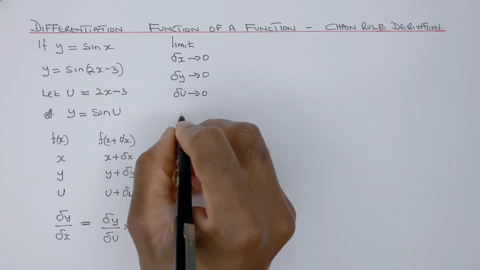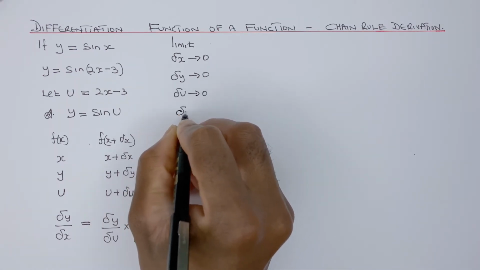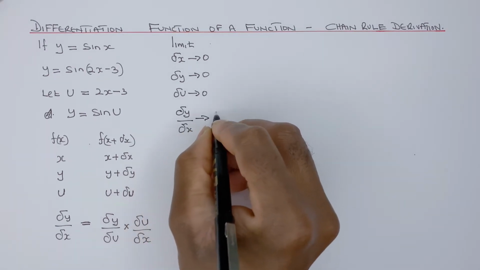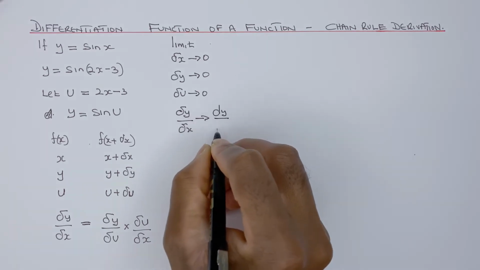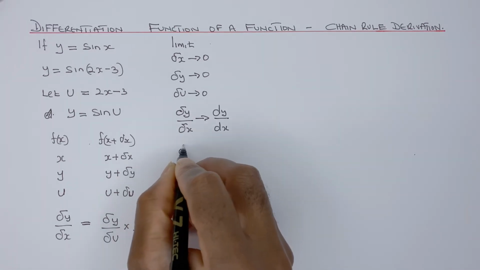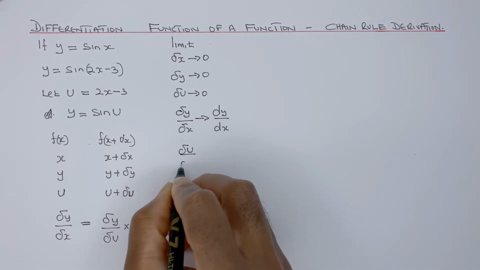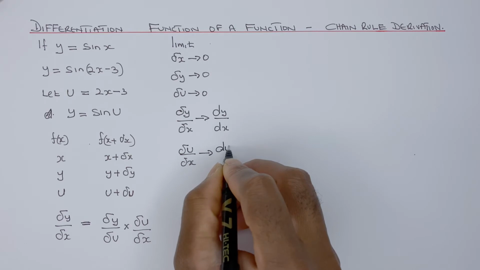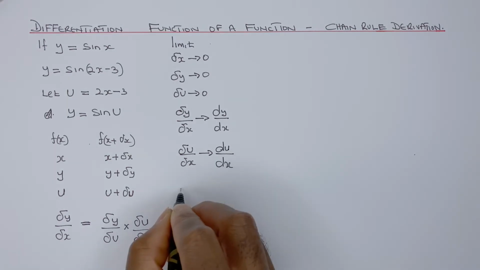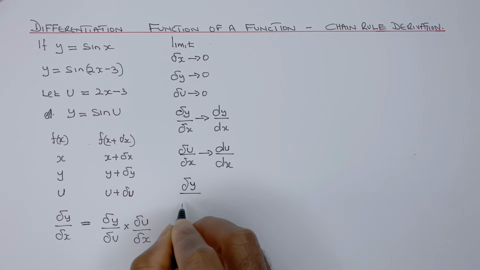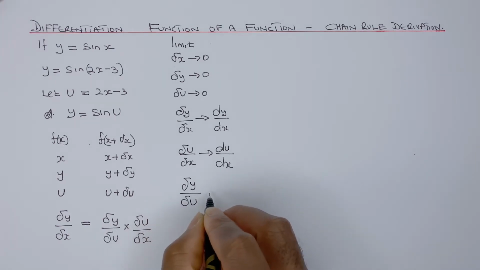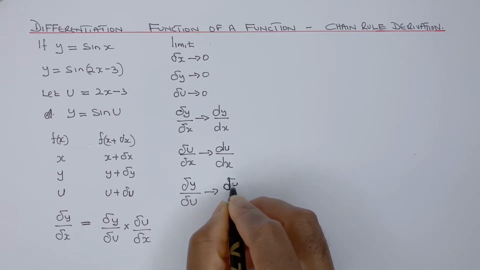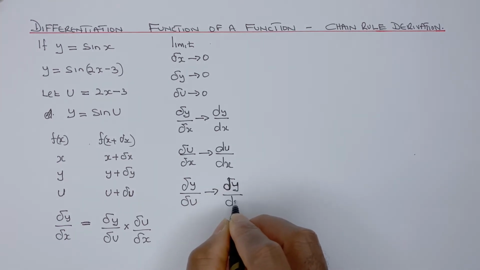Therefore, we would have delta y over delta x will tend to dy over dx. Delta u over delta x will tend to du over dx, and delta y over delta u will tend to dy over du.